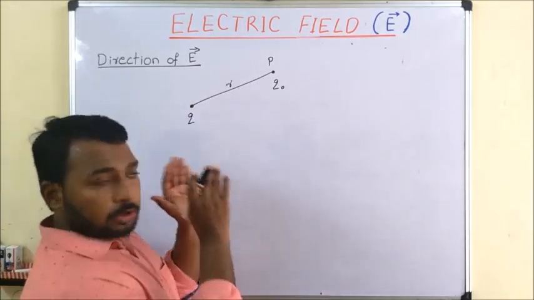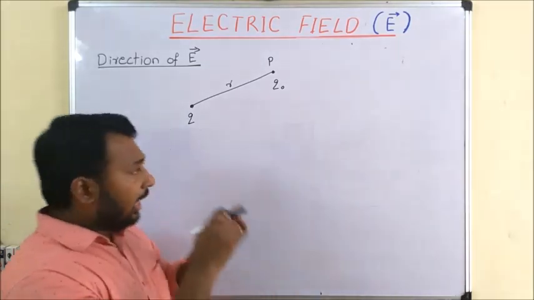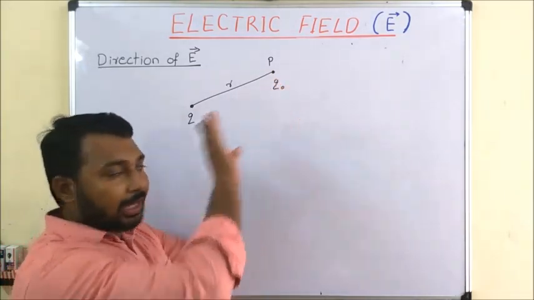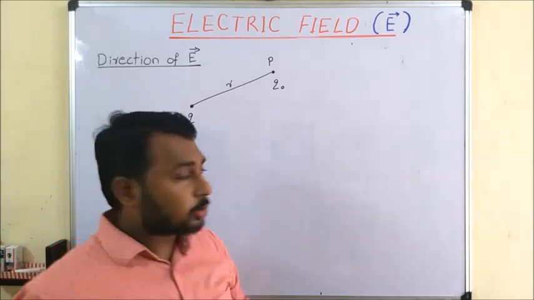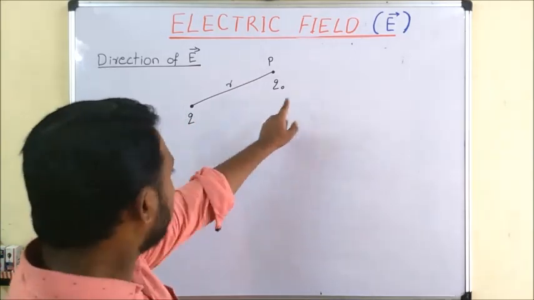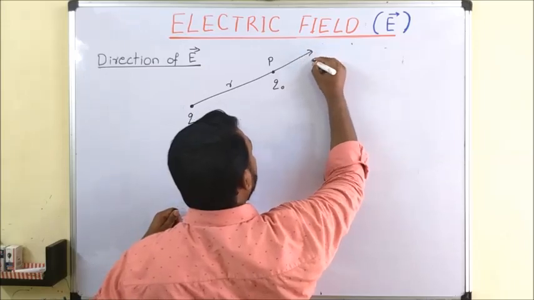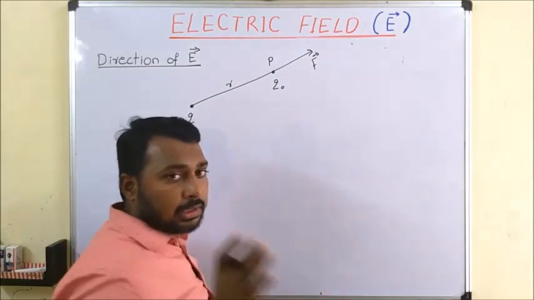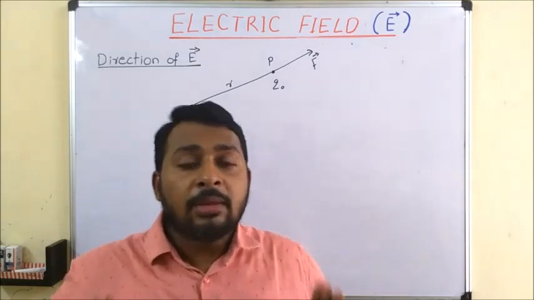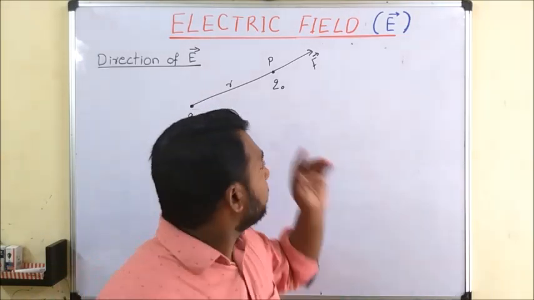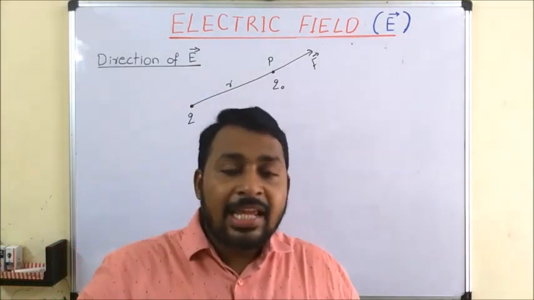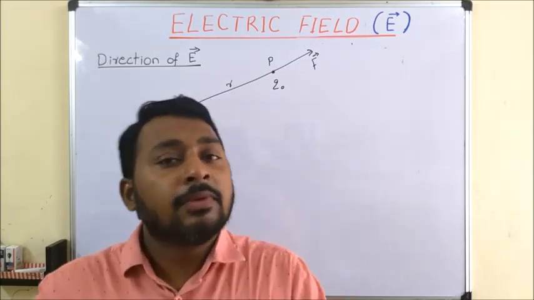So what is the action of Q on Q naught? It will be pushing Q naught in that direction. So the direction of force on Q naught due to Q will be this direction. Clear? So remember, the direction of the force will be the same as the direction of electric field.